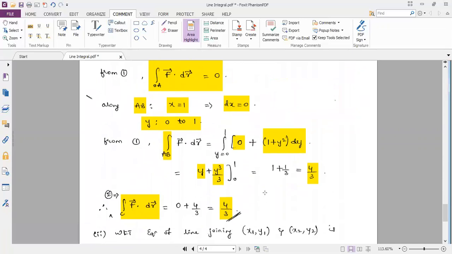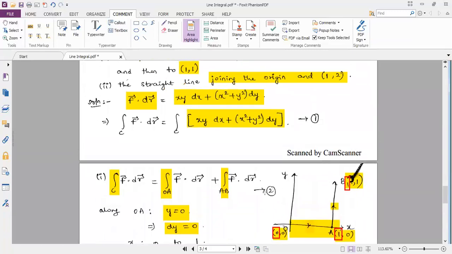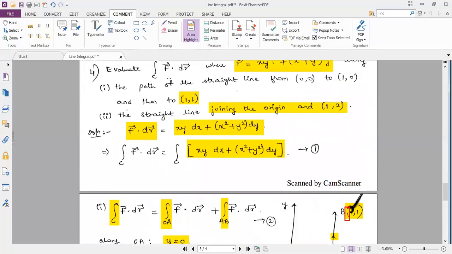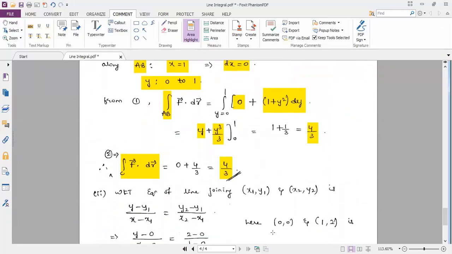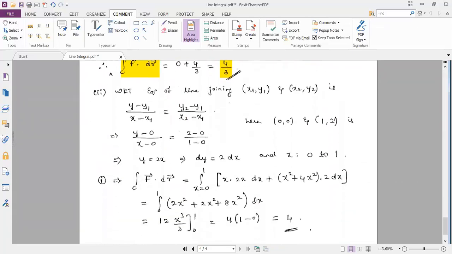Now let's have a look at the second part of the question: to evaluate the integral of f dot dr along the straight line joining the origin and 1, 2. So from the origin, we have to draw towards the point 1, 2. We recall that the equation of the line joining 2 points x1, y1 and x2, y2 is given by y minus y1 divided by x minus x1 is equal to y2 minus y1 divided by x2 minus x1.